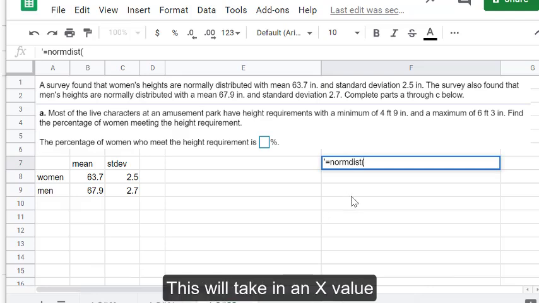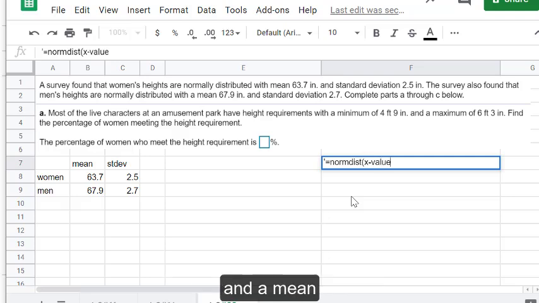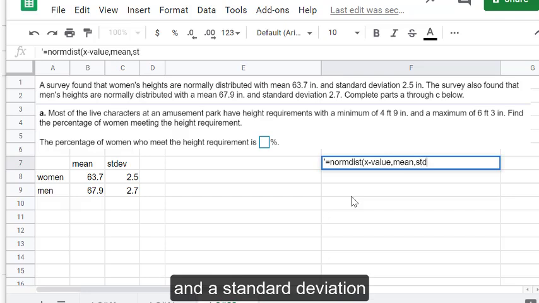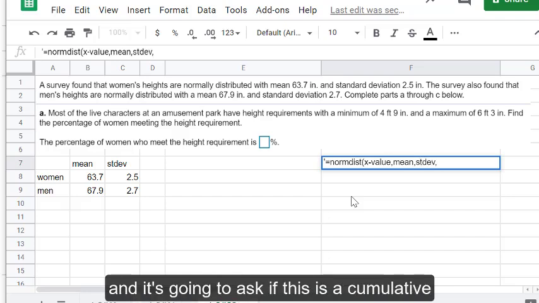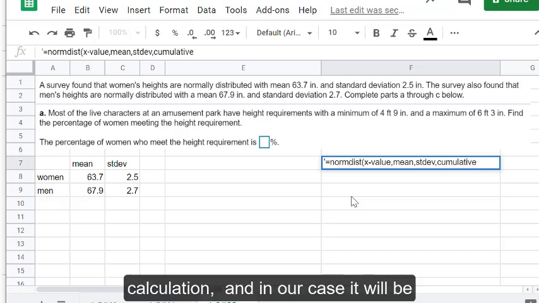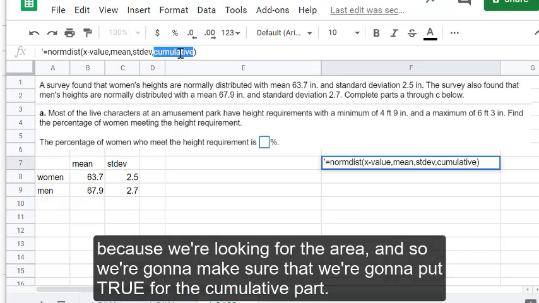This will take in an X value and a mean and a standard deviation, and it's going to ask if this is a cumulative calculation, and in our case it will be because we're looking for the area, and so we're going to make sure that we put true for the cumulative part.